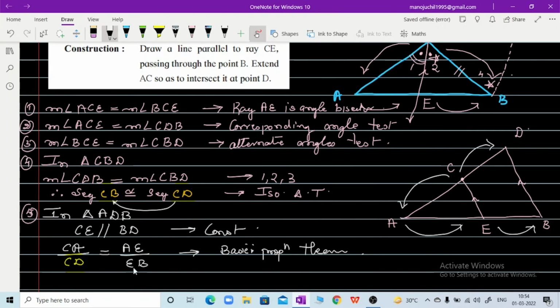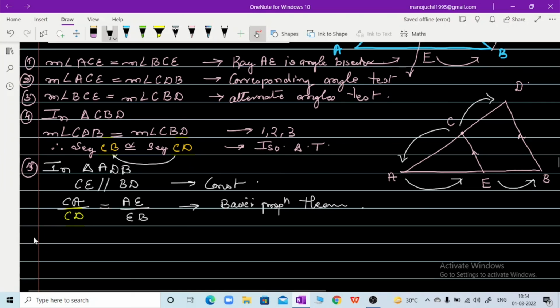So the next step will be point number 6, which states that CA upon, instead of writing CD, I can replace it by CB, is equal to AE upon EB. This I am getting from 5. I've substituted the value of 4.